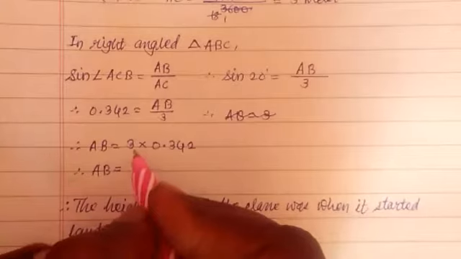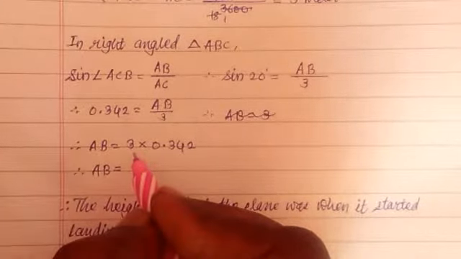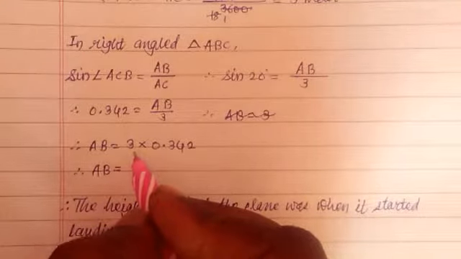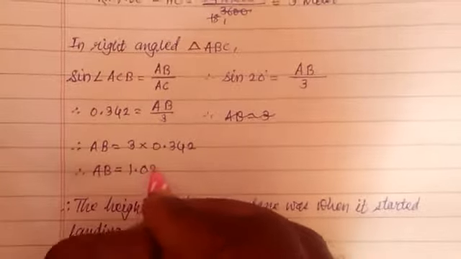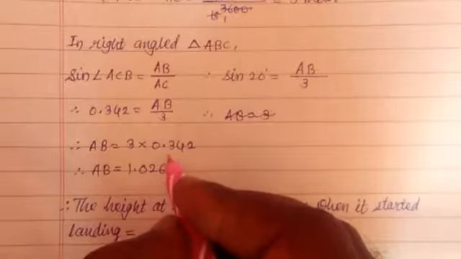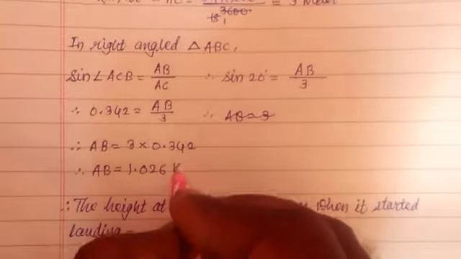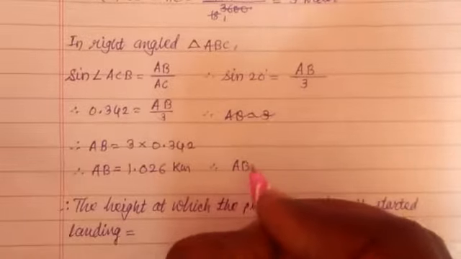Now multiplying by 3, we get 1.026 kilometer.